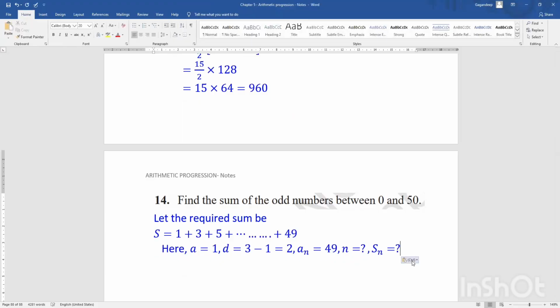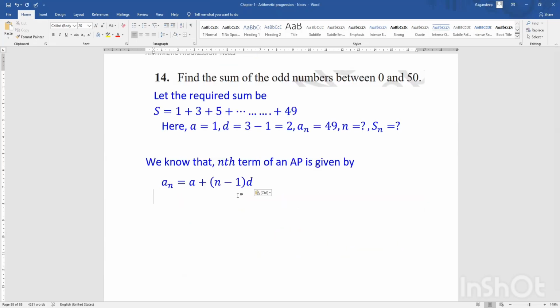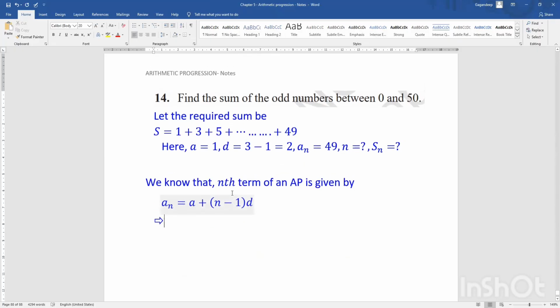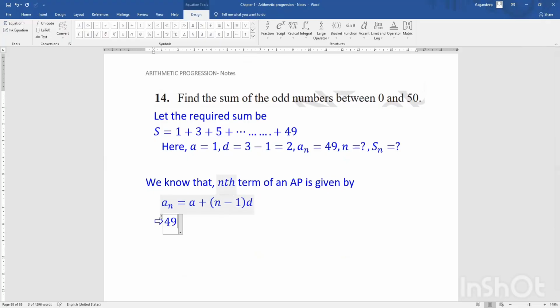Okay. Next, we know that the nth term of the AP is given by a_n is equal to a plus (n minus 1) into d. Okay. Now here I'm going to write down the value of a_n, the last term, which is nothing but 49. So 49 equals a value is how much? 1 plus, and the n value I don't know, so I keep it as it is, (n minus 1) into d value.